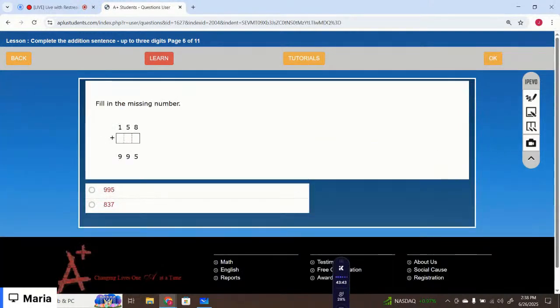Fill in the missing number. Which is the correct option?